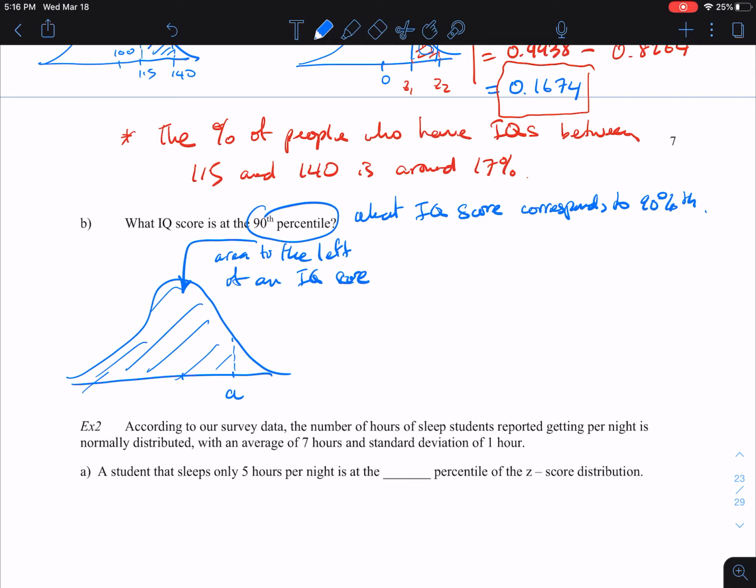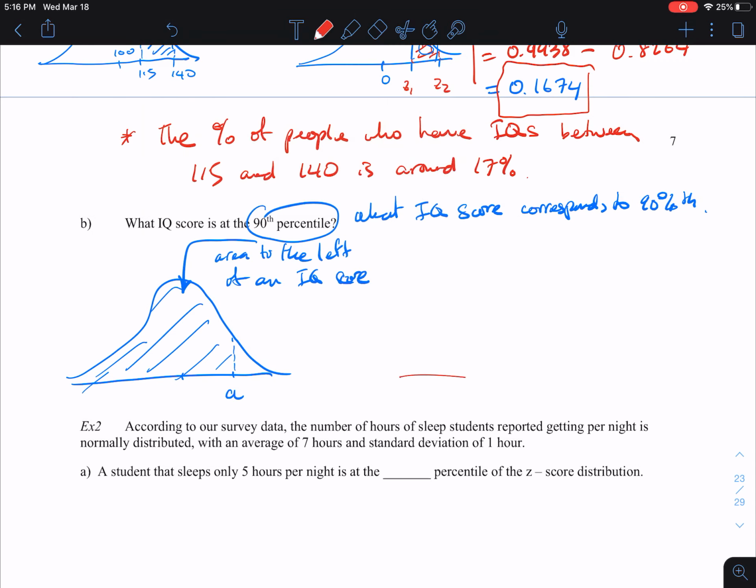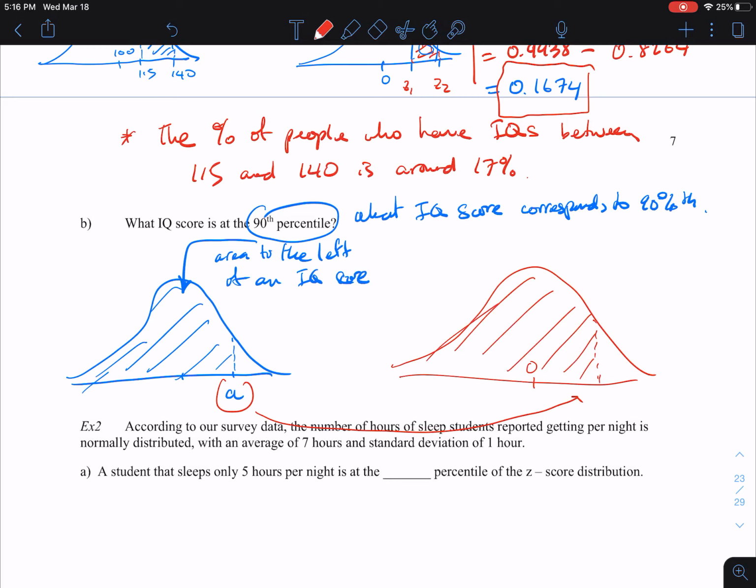If we look at the standard normal distribution, this IQ score A will be the same number of standard deviations away from the mean. Whatever that is, it will be at the 90th percentile, meaning it's going to have 0.90 to the left of it, whatever that z-score is, call that z-star.